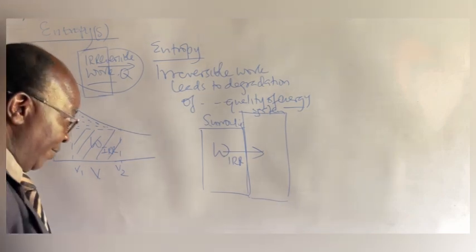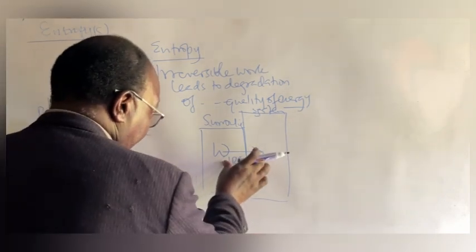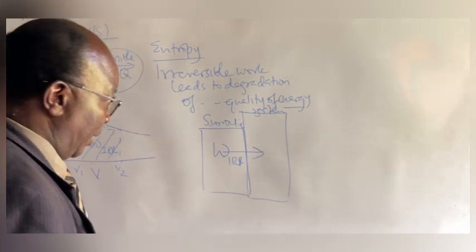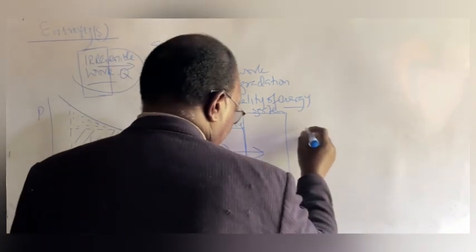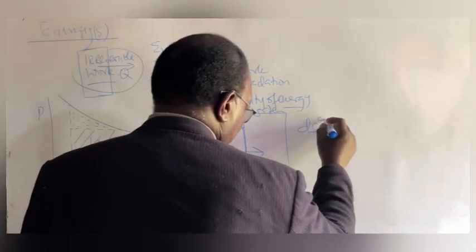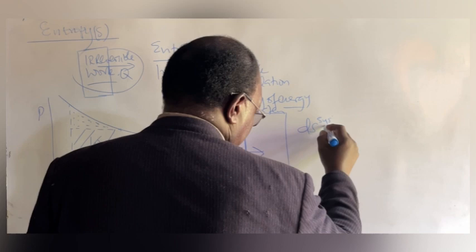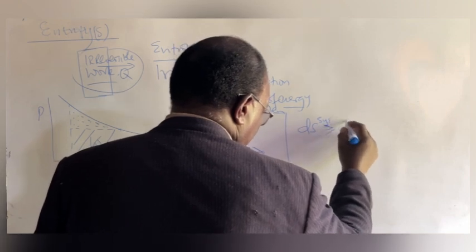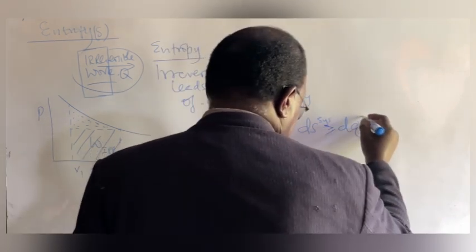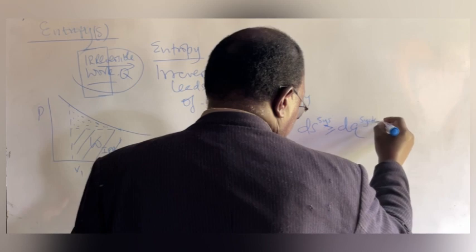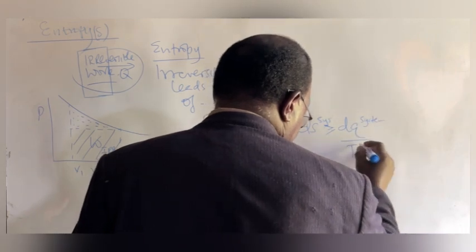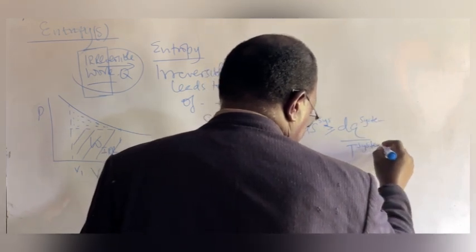So if you're doing some work here, let's say irreversible work, what we are saying is that there will be a change in the entropy of the system, which will be given by dS of that system will be greater or equal to dQ of the system, heat transfer to the system, divided by the intrinsic temperature of the system.